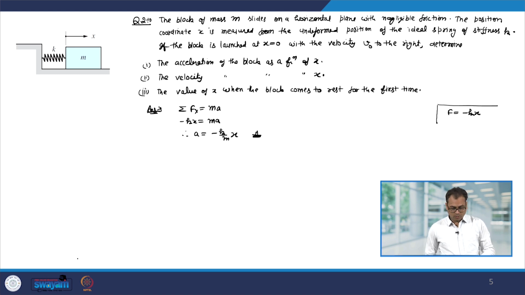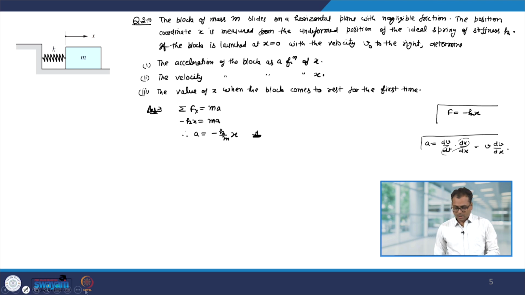Now, to find out the velocity, let us use the acceleration. So, a is dv by dt, let us multiply it by dx and divide by dx. So, dx by dt I can write down as v. So, acceleration can also be written as v dv by dx.